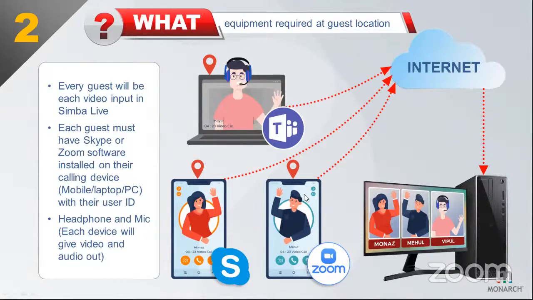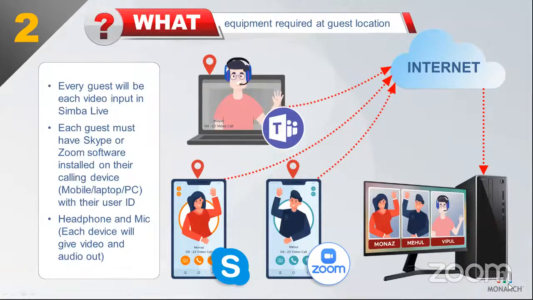Any of these devices should be connected to the internet, and connect to that particular session where Simba is being operated. Through the internet they can be from any location, from any different software, calling all together simultaneously, and Simba has the ability to take inputs from various different platforms all together. You can take one input from Skype, one input from Microsoft Teams, and one input from Zoom or Google Meet or any other platform.